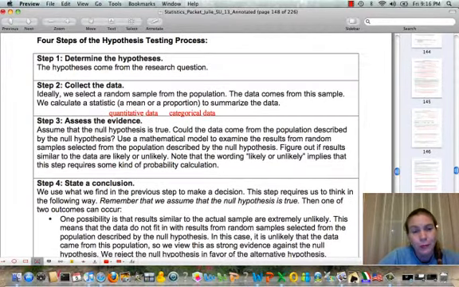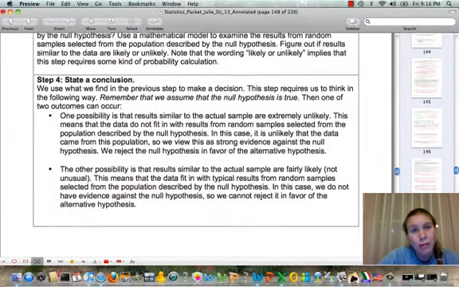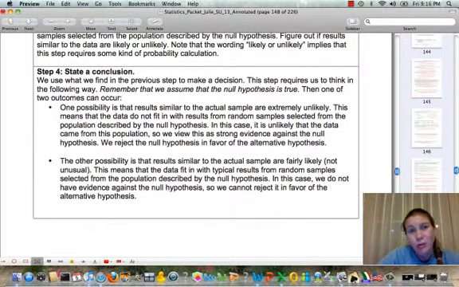Step 4 is about stating a conclusion. So we use what we find in the previous step and we make a decision. This step requires us to think in the following way. Remember that we assume that the null hypothesis is true, and then there are two possible outcomes. One possibility is that the results similar to the actual sample are extremely unlikely.